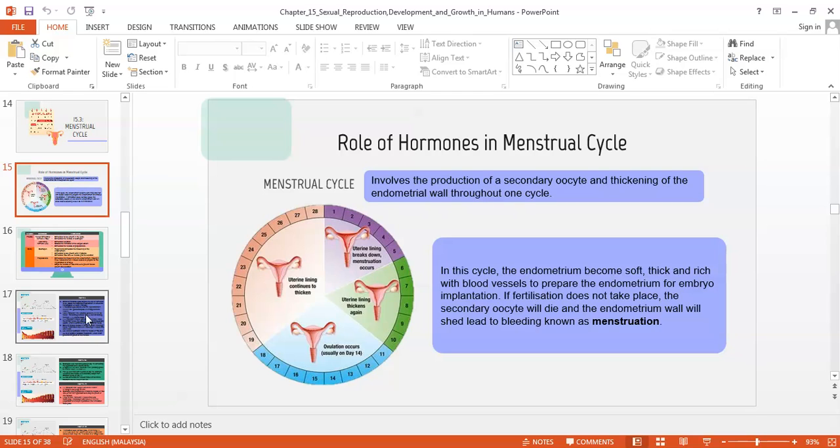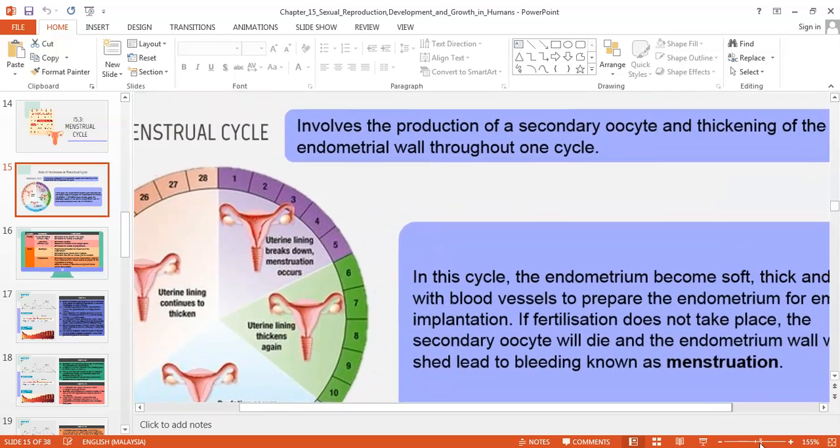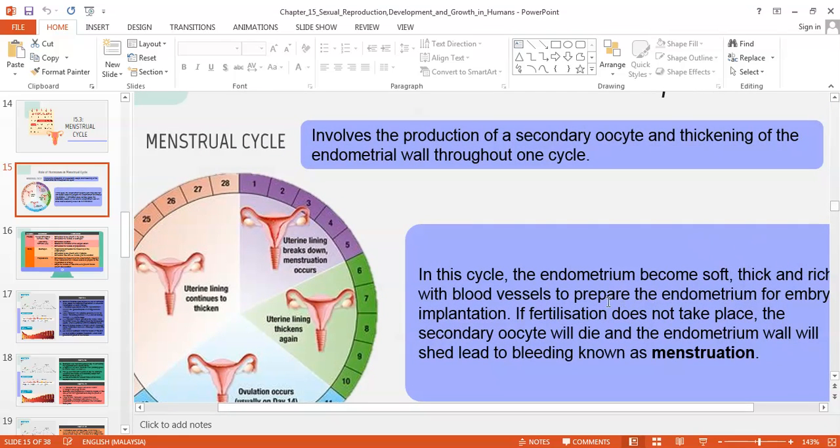Ataupun banyak perkataan yang kita boleh guna, uterus lining, uterus wall, depends on the textbook lah. Kita tengok kalau kamu punya textbook, dia guna perkataan uterine lining. So in this cycle, the endometrium becoming soft, thick and rich with blood vessels to prepare the endometrium for embryo implantation.